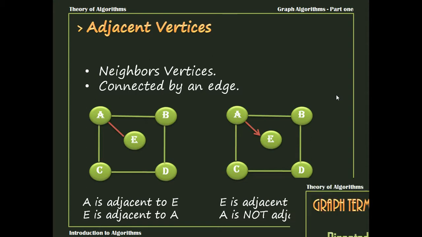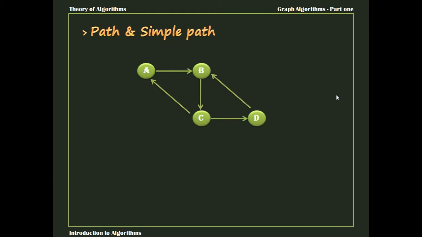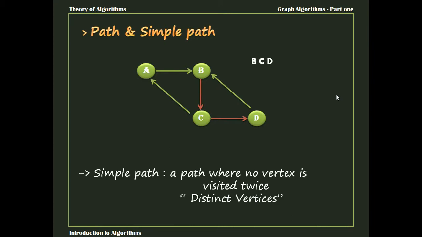Next we will talk about path and simple path. A path is a sequence of edges between nodes. It is like a route or a way. Follow the following path, B, C, D. It connects node B with node D. There is a special kind of path, called a simple path.